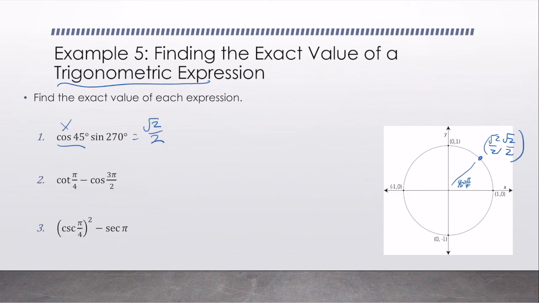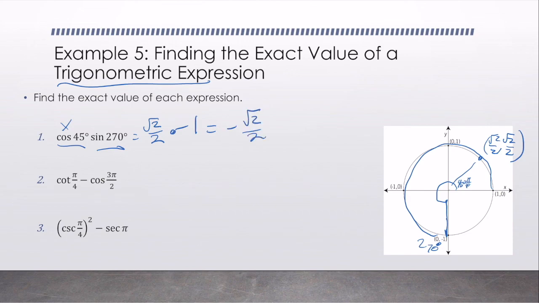If I have a sine of 270 degrees, well, this is 270 degrees. And if I want to know sine, that's my y value, so that's going to be negative 1.